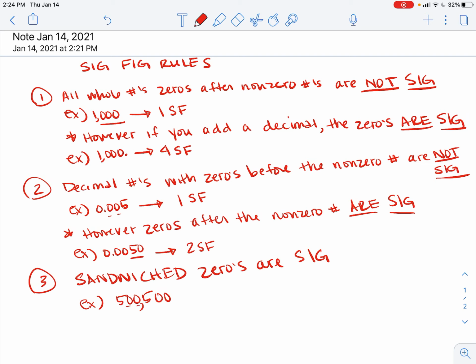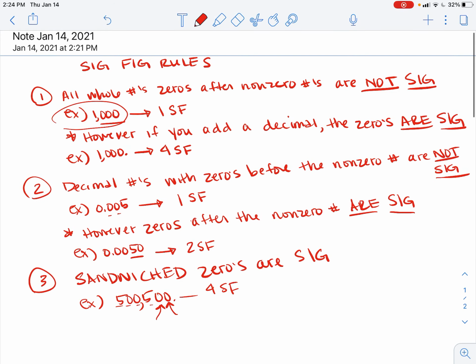Well, see how these 2 zeros are between 2 non-zero numbers. So those are significant. These, however, are not significant. Why not? Because there's no decimal. So this number is 4 significant figures. If there was a decimal, then it would be 6. But since there's not, it's only 4.